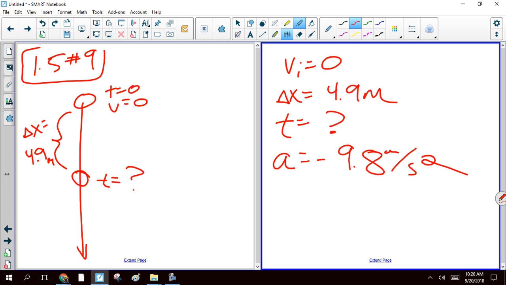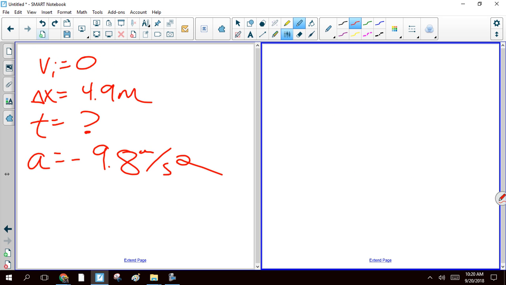So which of our equations uses those 4 variables? Well, I believe this one does. So plug in your numbers and then solve for t.